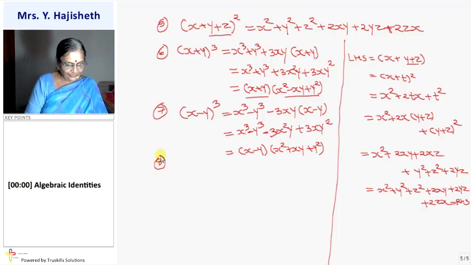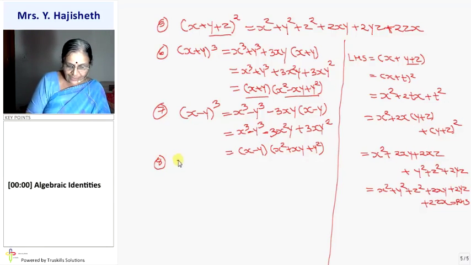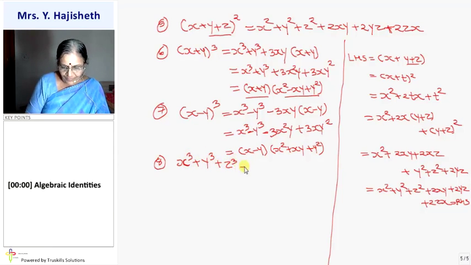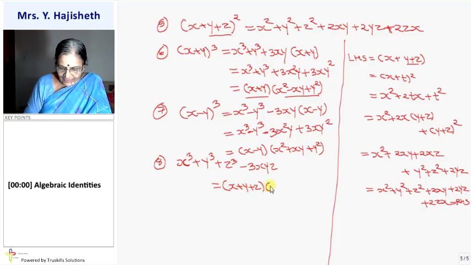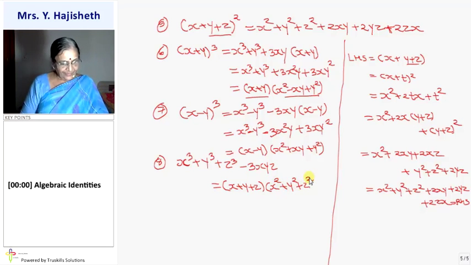8. What is the 8th formula you know? Formula number 8 is, suppose you are given x³ + y³ + z³ - 3xyz. The factors are (x + y + z), another bracket x² + y² + z², and what more?